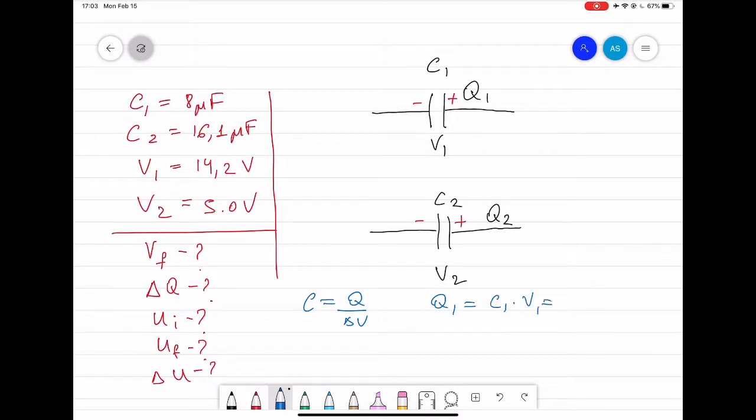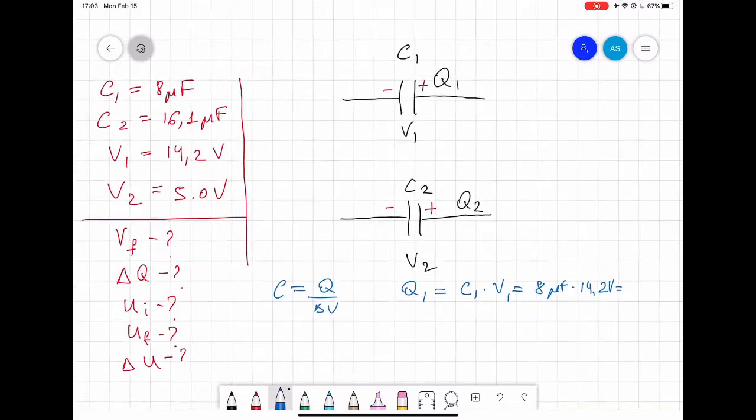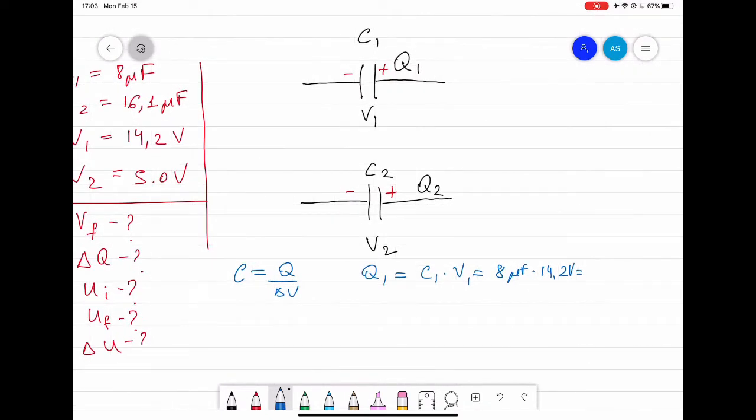C1 was given as 8 microfarad multiplied by V1, which was 14.2 volts. If you do the calculation, you should find that it's equal to 113.6 microcoulomb.